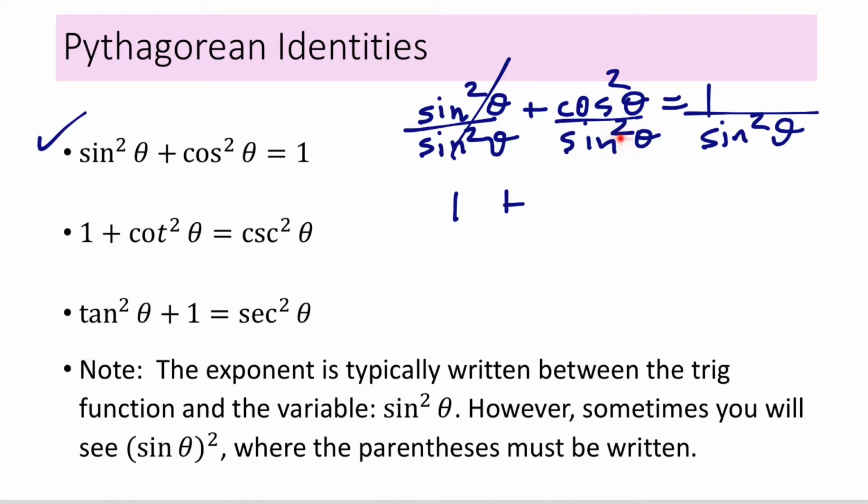So that's equal to the cotangent squared of theta. And then on this last one, I've got the reciprocal of the sine squared of theta, which would be the cosecant squared of theta. So we've developed the second Pythagorean identity.